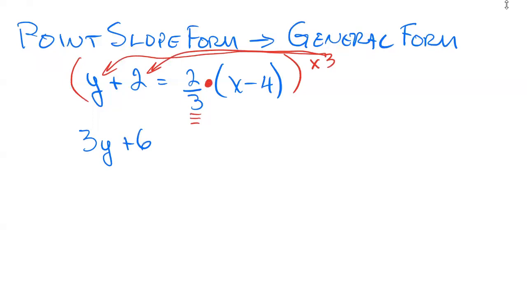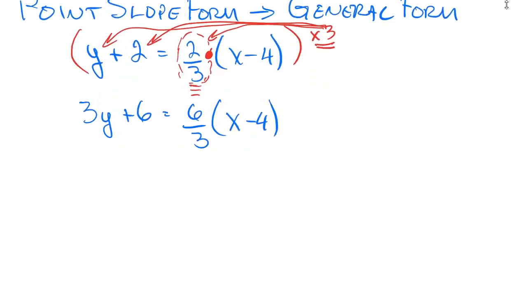This is 2 over 3 times x minus 4. So when I multiply by this 3, I only have to multiply this fraction by that 3, because this is all one term. So when I multiply this 3 to this 2, that's going to give me 6 over 3 and still x minus 4.